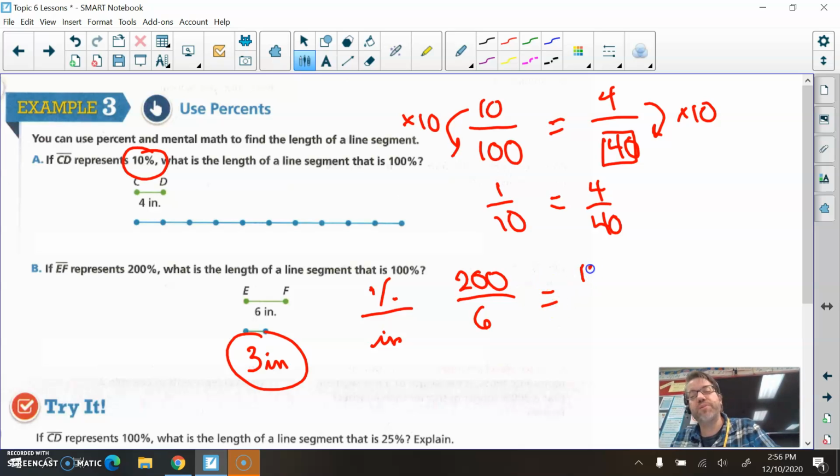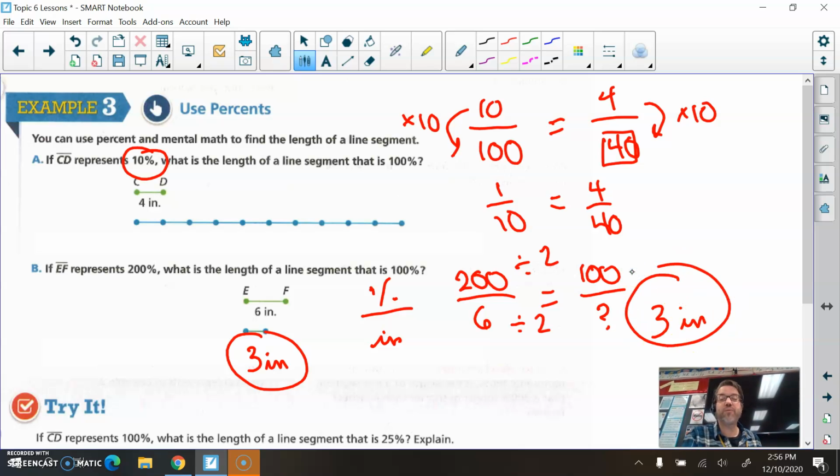Then 100% would equal how many inches? I'll just put a question mark here for the number of inches. And you know what? To get from 200 to 100, these are compatible. I can divide by 2, which means I need to do the same thing here then. Take 6 and divide it by 2, and I get 3 inches that way as well, by writing a proportion using those ratios.